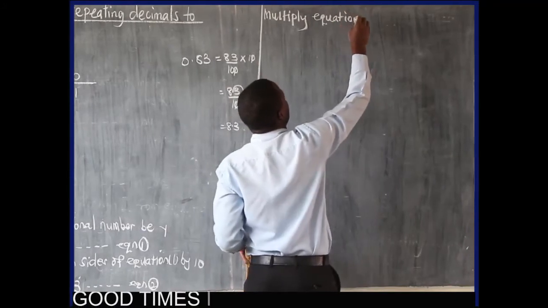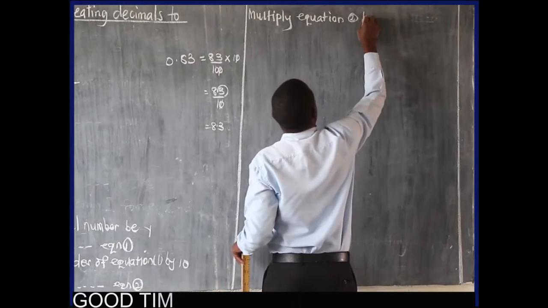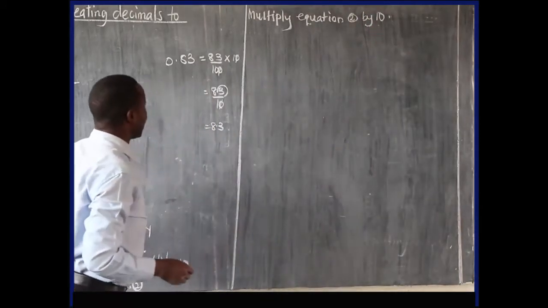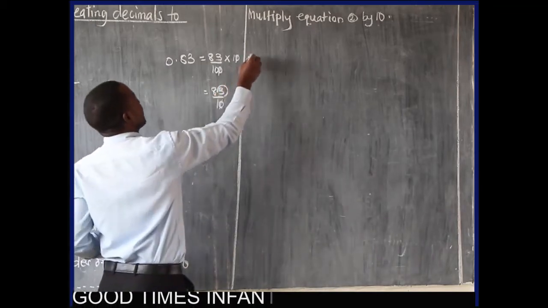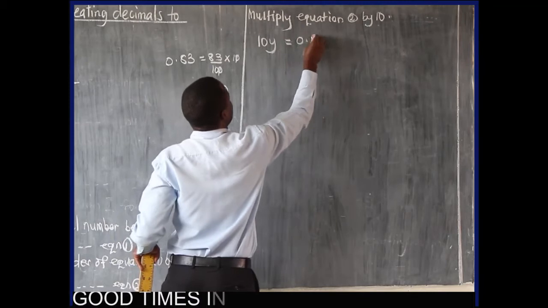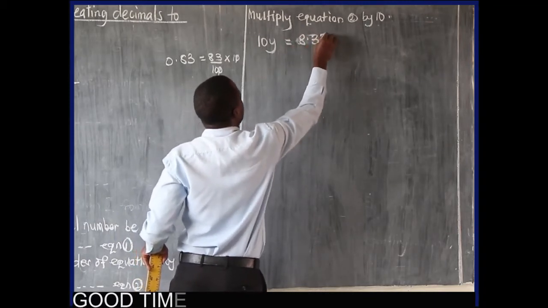Multiply equation 2 by 10 to consider the digit which is recurring. So this one becomes 10y equals 8.33.